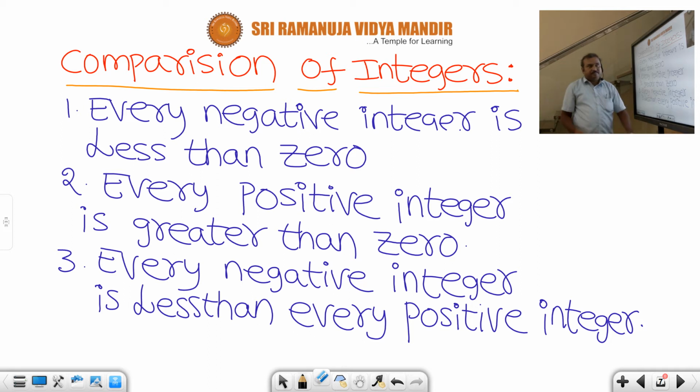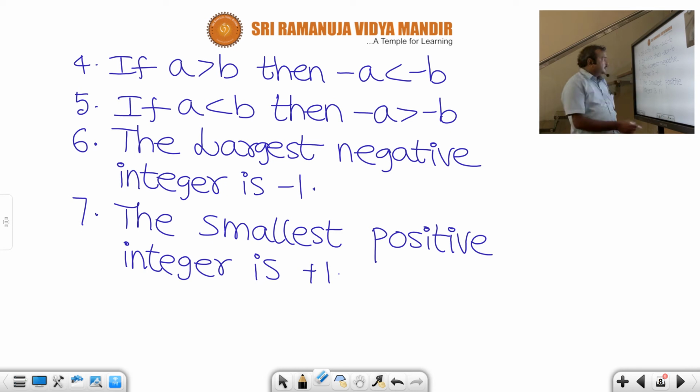Next one. Now take any two positive integers a and b. For our convenience, I am taking like this: 3 is greater than 2.